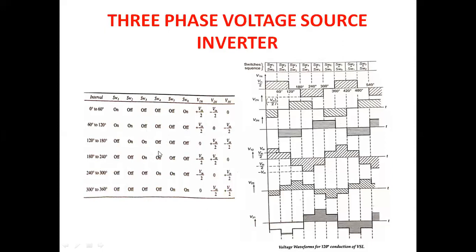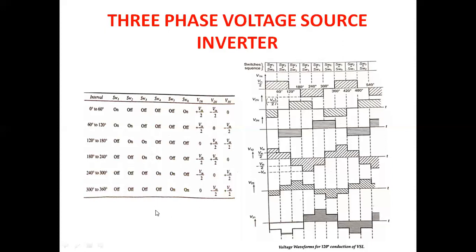For the fourth interval, switch 3 and switch 4 are on and the rest are off. For the fifth interval, switch 4 and switch 5 are on and the rest are off. For the sixth interval, switch 5 and switch 6 are on and the rest are off, and again the sequence is followed.